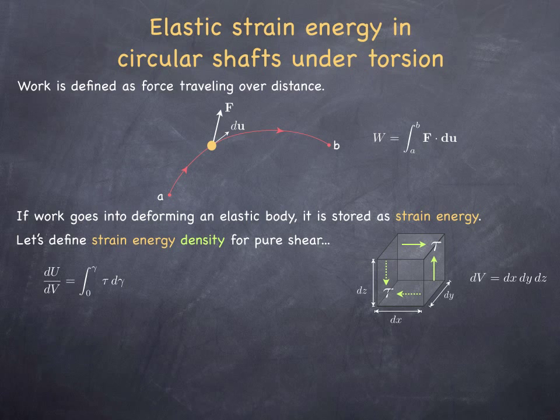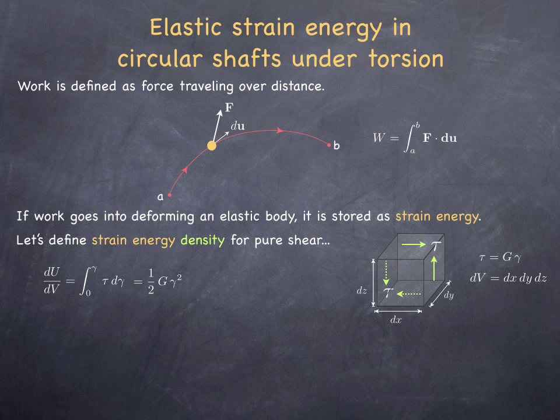So then the energy, the strain energy stored inside this little cube is going to be merely tau times d gamma, evaluated from 0 to gamma, which is the final deformed configuration of that little cube. And because this is a cubelet, that tiny cube that makes up the shaft, this must be not the total energy U, it should be rather the energy per unit volume, so it's going to be dU/dV.